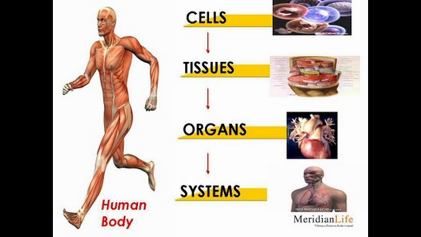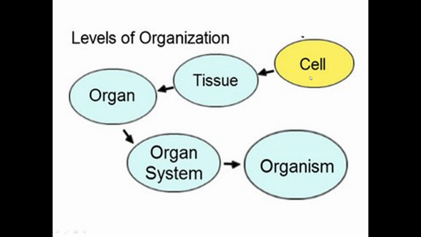These are the different levels of organization of a multicellular organism. Cell is the basic level, then tissue, organ, system. By number of organ systems, your body is made up of organisms.